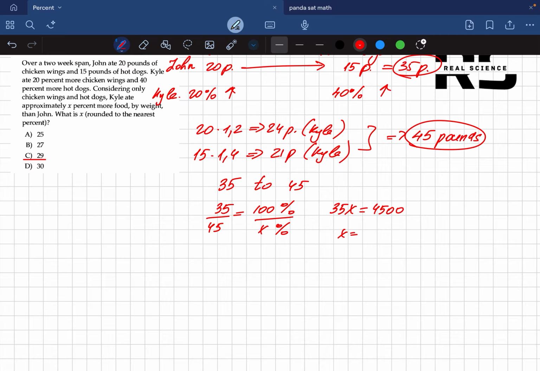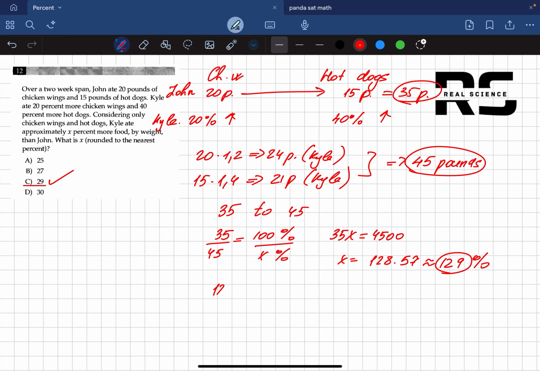This is approximately 128.57. So that's approximately 129. So he ate 29% more. The answer is C. 129% minus 100% is equal to 29%.